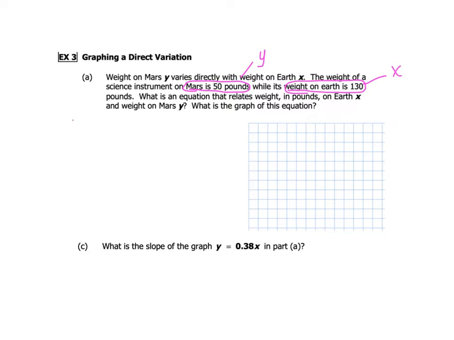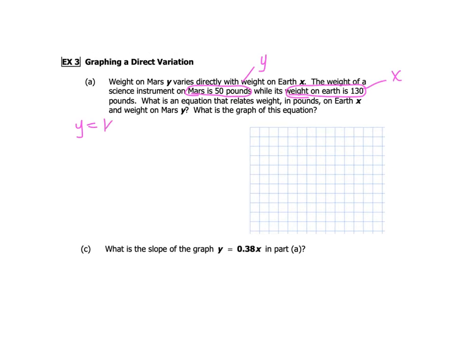So I'm going to start with y equals kx. And my y value here is 50, and my x value here is 130. And I'm going to divide both sides by 130.